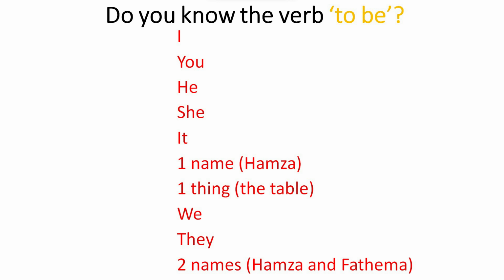So, if my subject is I, what is my verb to be? It's am. If my subject is you, are. If my subject is he, is. This is the same for she, he, it, one name and one thing.